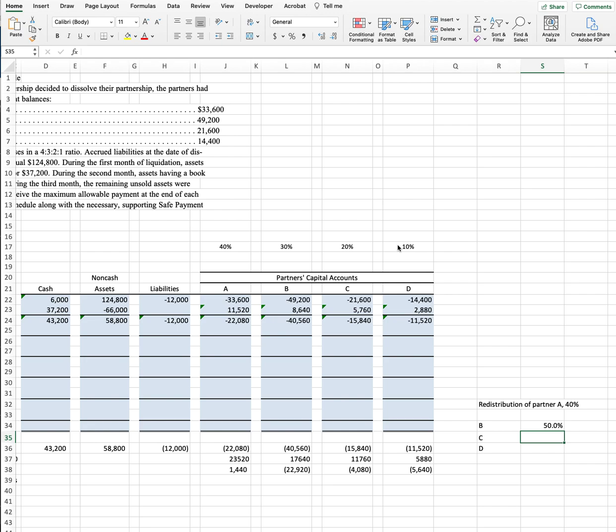And then we'll do the same thing where we take 20% and divide that by the total. Definitely didn't need a million decimals there.